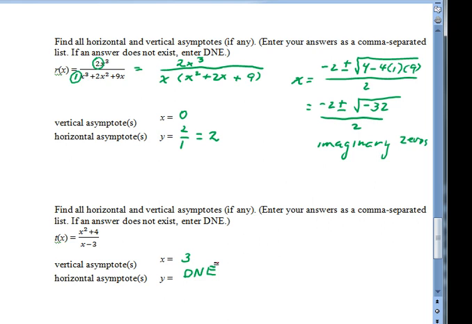In this case, the degree of the top is 1 more than the degree of the bottom. So when we divide the denominator into the numerator, we would get a quotient which is a linear function, and we would get what's called a slant or oblique asymptote, which we will look at in a future video.